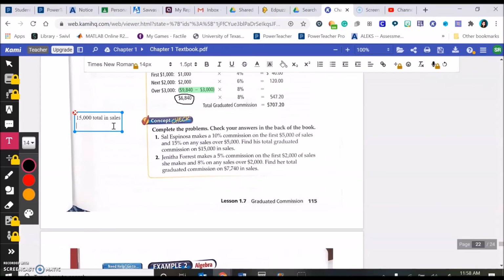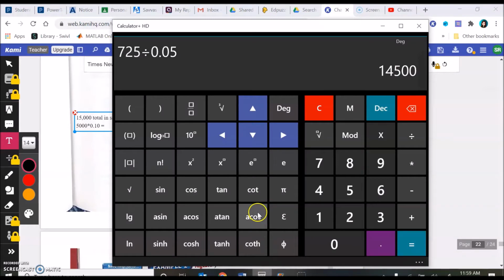The first $5,000, I multiply by 10%, or 0.10. So 5,000 times 0.10 is $500.